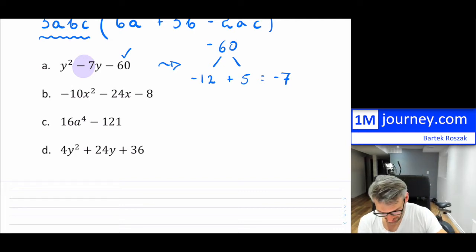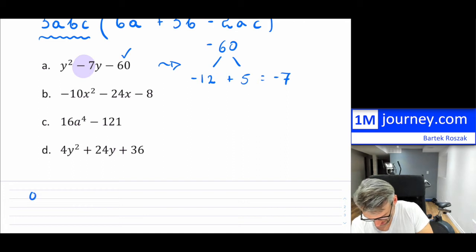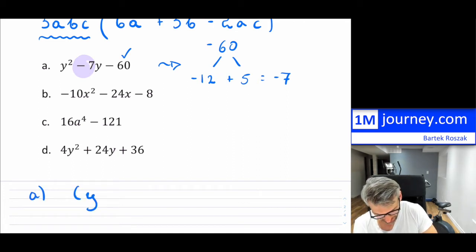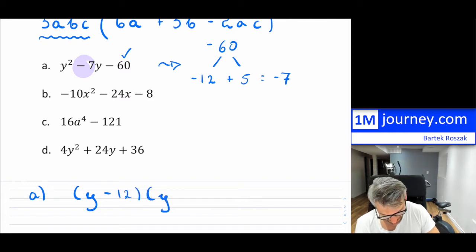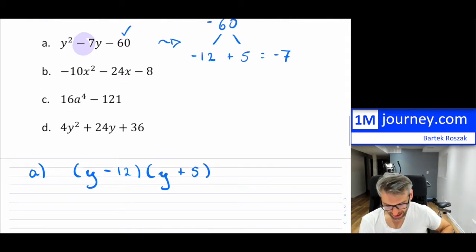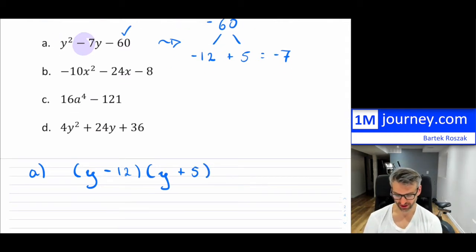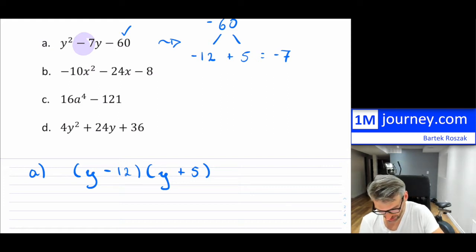And therefore, for part A, it's going to look like y minus 12 times y plus 5. And that would have been the factored form of that particular quadratic. Of course you can check for yourself, if you're doing a test, you can quickly check.